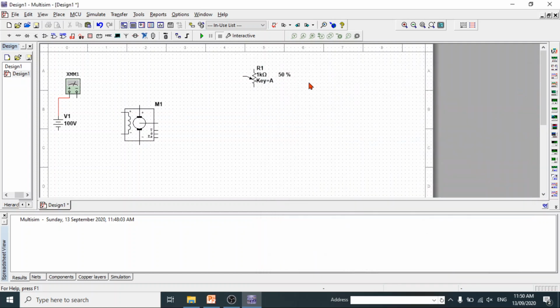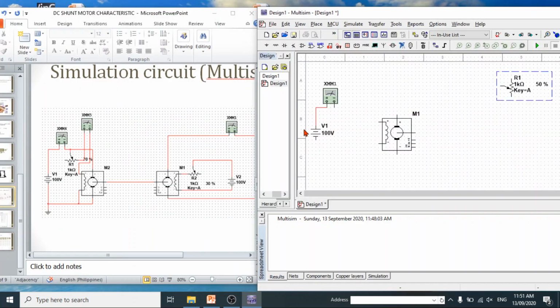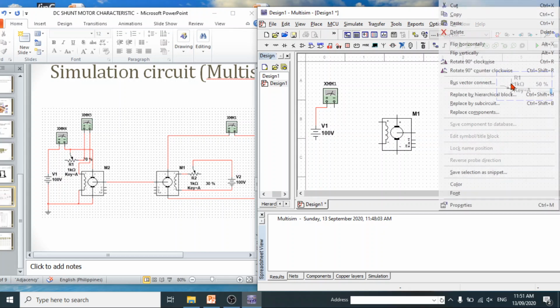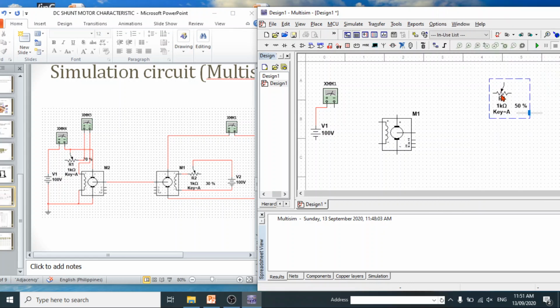Close, and then rotate it 90 degrees. So you will have there the potentiometer.